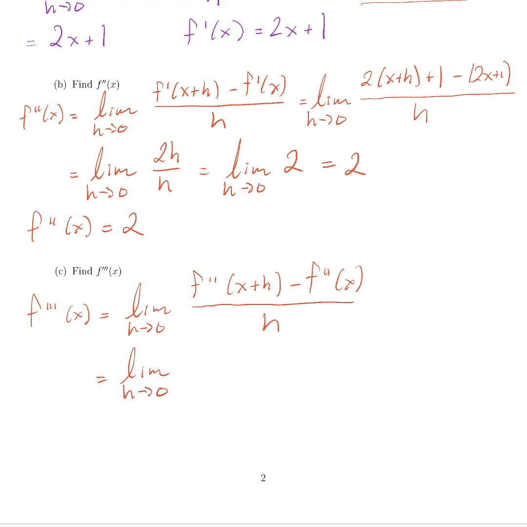It's a constant function. It's the constant function 2. Input x plus h, you still get 2. Minus the function itself, which is 2, all divided by h. 2 minus 2 is 0. So this is the limit as h approaches 0 of 0, which is just 0. So we just found that the third derivative of this function is 0.